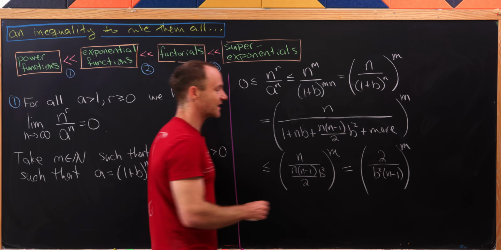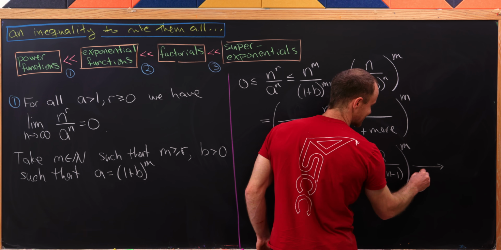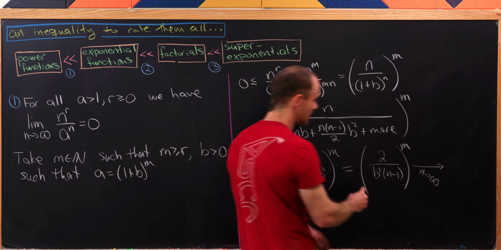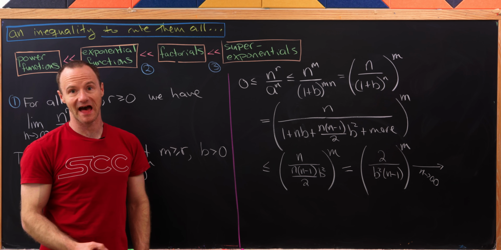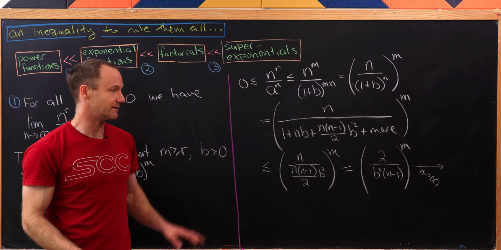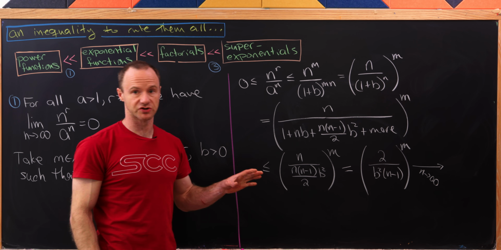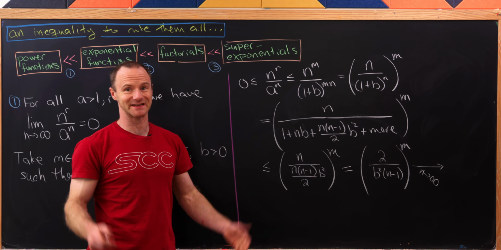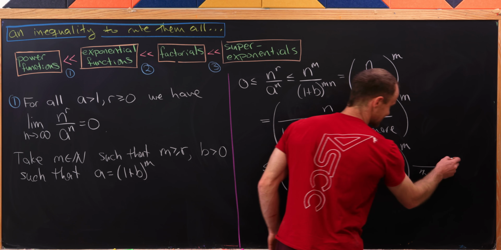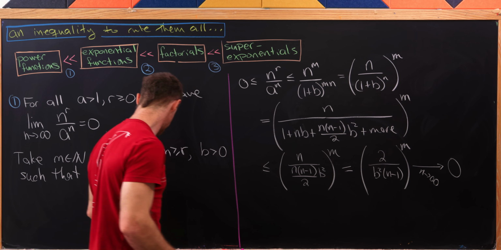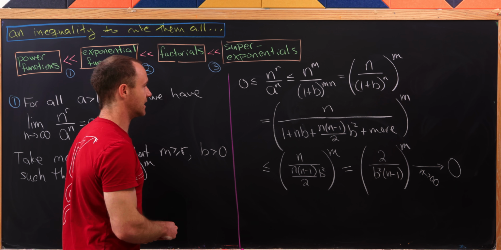And now let's take the limit of this object as n goes to infinity. But it's pretty clear what's happening with that object as n goes to infinity, because the denominator is getting larger and larger and larger while the numerator is staying the same. So that means this limit is equal to 0. So let's see what we've done.